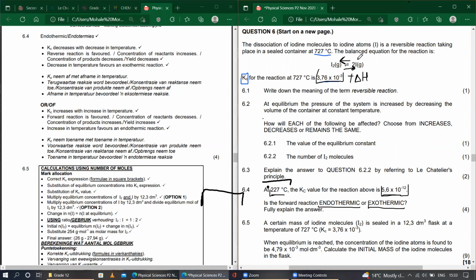And in order for the reverse reaction to happen, it's going to release energy, so your enthalpy is going to be negative. But I'm pretty sure at this point you guys did learn about enthalpy and energy changes, right? Yes, sir. So you should be familiar with enthalpy and all these other factors.